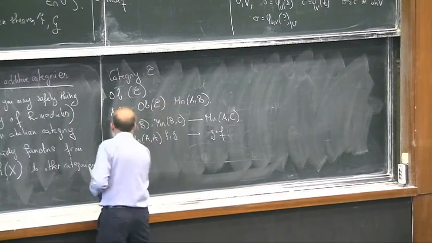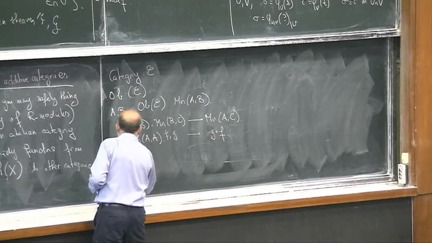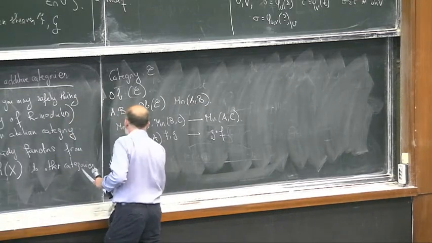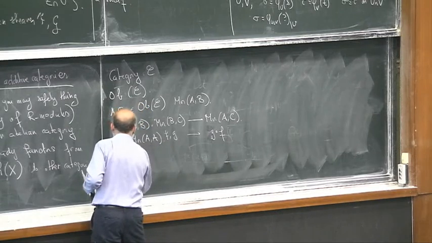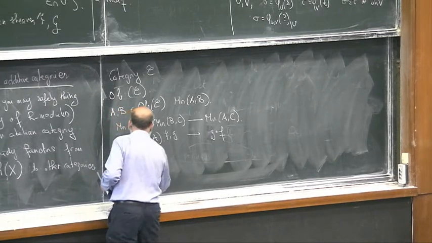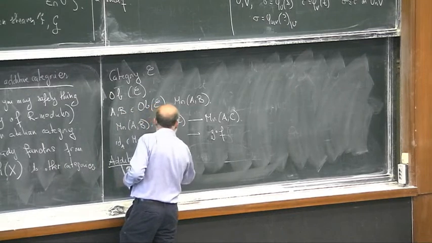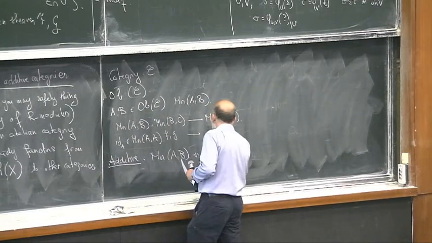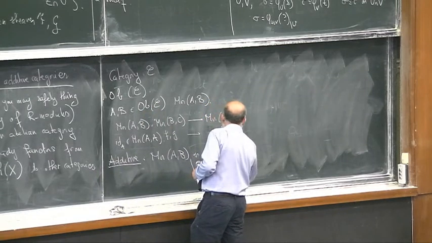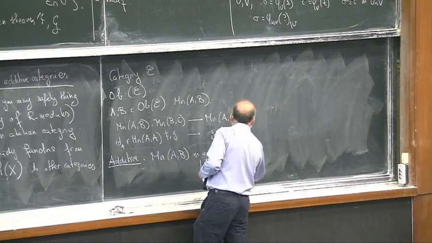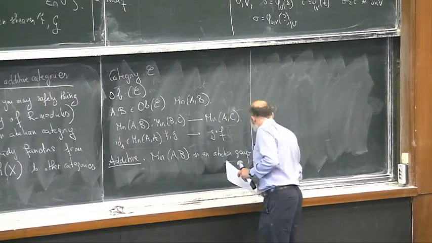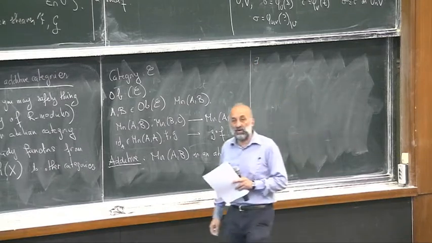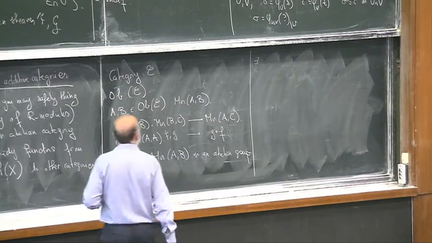So what does it mean to be abelian? First, let's say additive. Additive means that the morphisms from A to B make an abelian group. So there must be somewhere a zero element, and there's more than a zero element, there's a zero object.